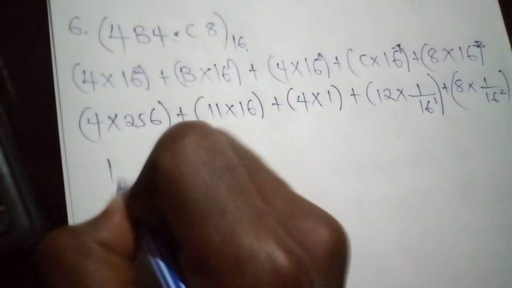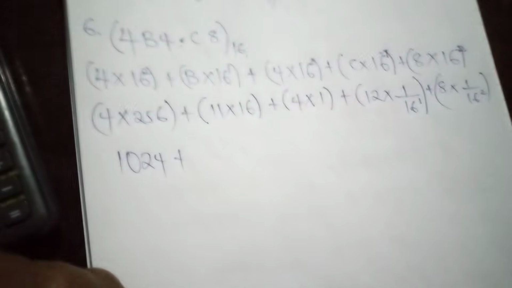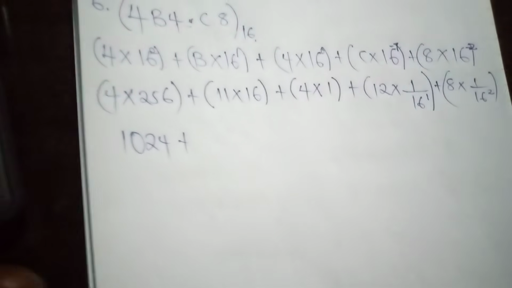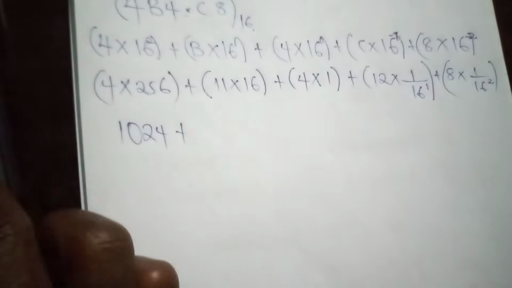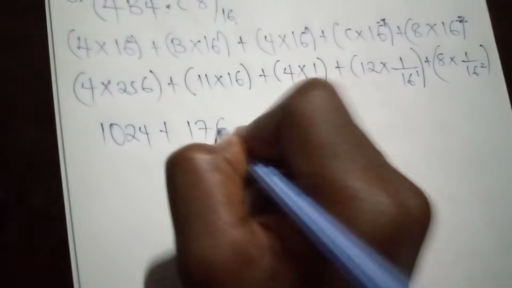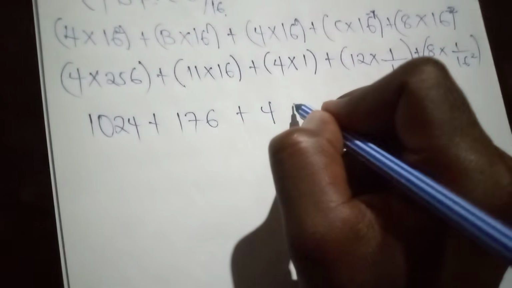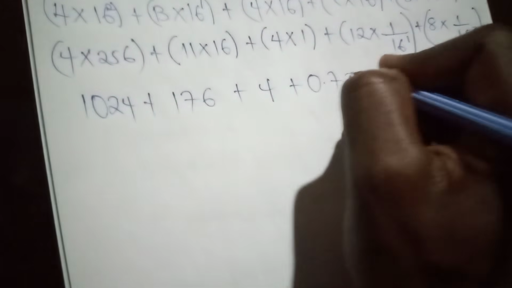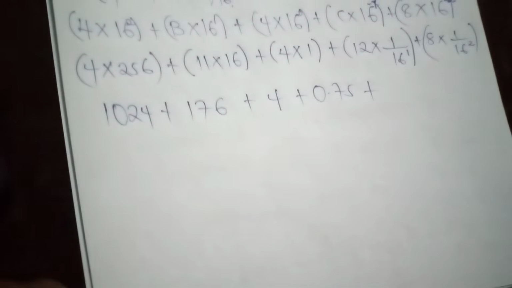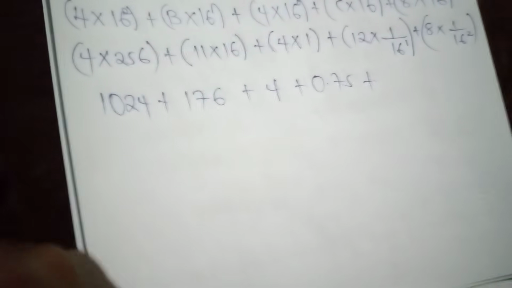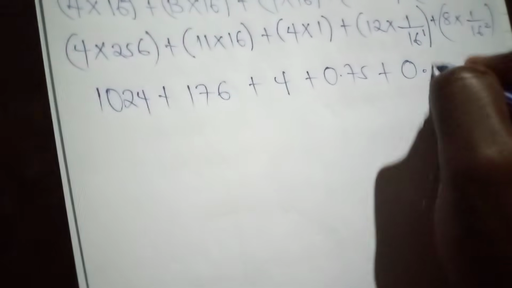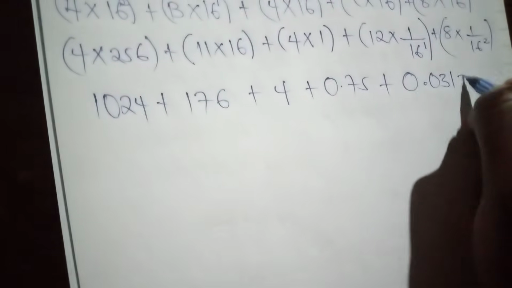First you simplify the numbers. 4 times 256 is 1024, plus 11 times 16, I'm getting 176, plus 4 there, plus, when I simplify that, 12 divided by 16 is 0.75, plus 8 divided by 256, which is 0.03125.